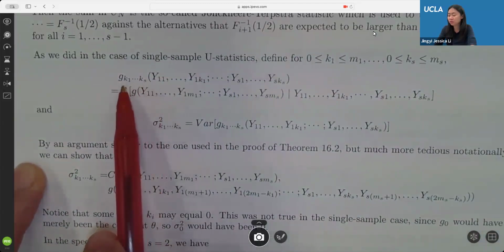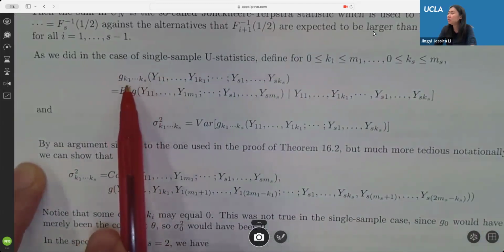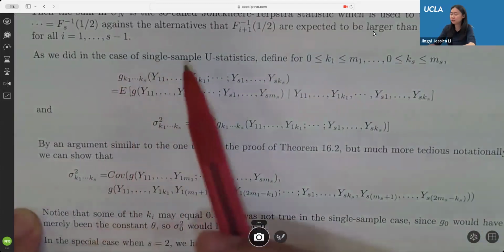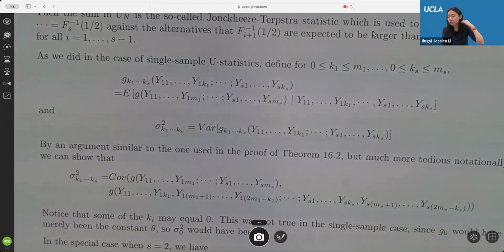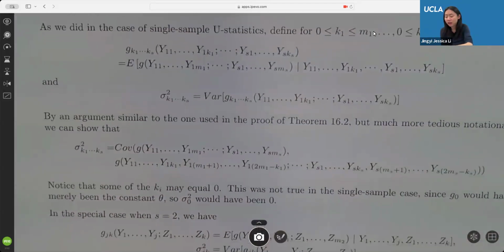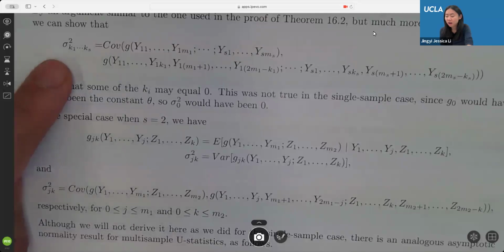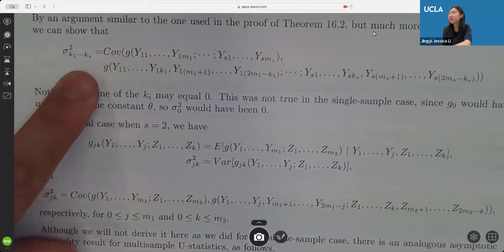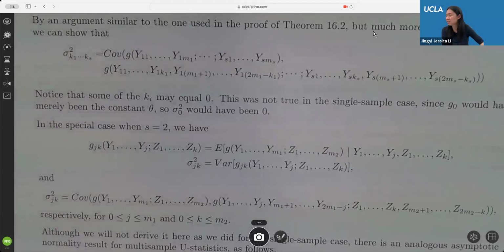You project sample 1 to K1, sample 2 to K2, and sample S to KS. As a result, you get these more complicated sigmas. Previously, we just had sigma 1 through sigma k squared. Here we have sigma k1 through ks squared. So everything becomes S-dimensional.